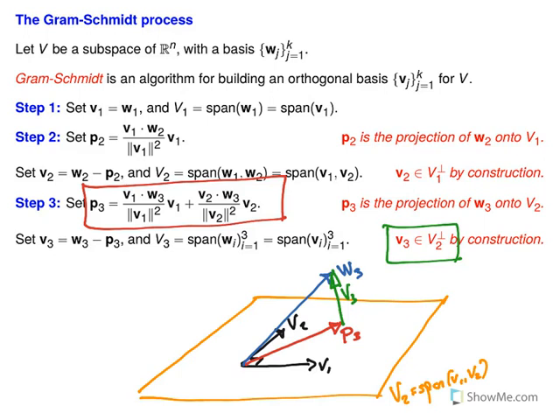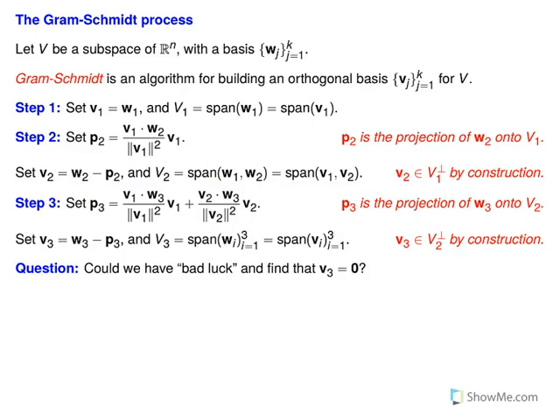Now you might wonder whether we could run into a problem. What if V3 is 0? The question is, could that even happen? Well, if V3 is 0, that's the same as saying that W3 is equal to P3, and P3, notice, is some linear combination.